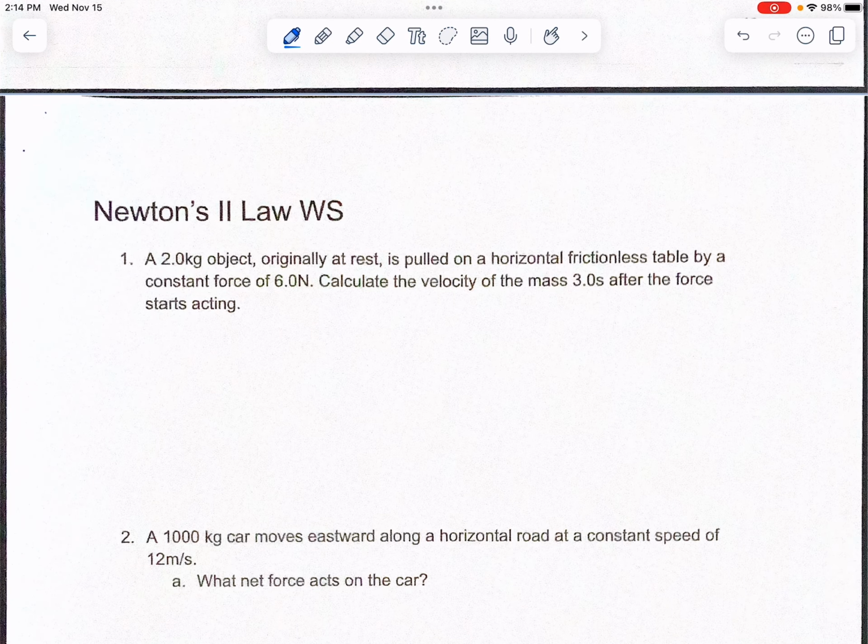Now here is what we're going to do: we're going to incorporate F equals ma with the Daffy T. A 2 kilogram object originally at rest is pulled on a horizontal frictionless table by a constant force of 6 newtons.